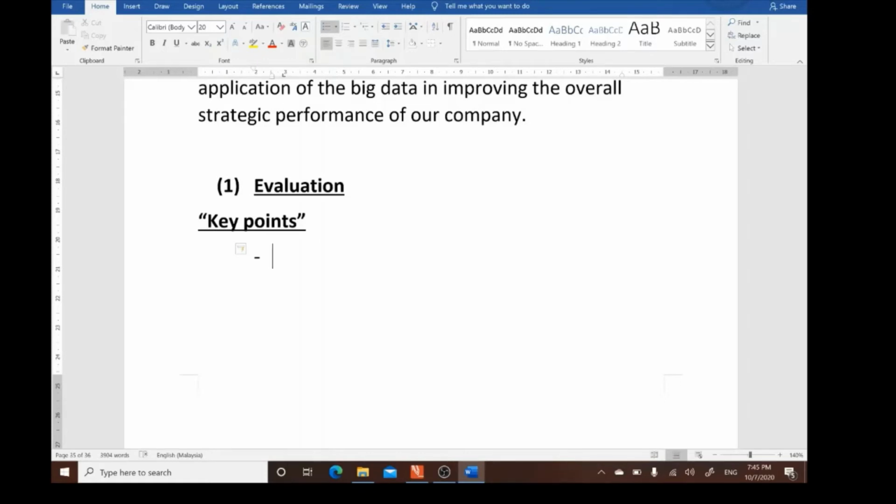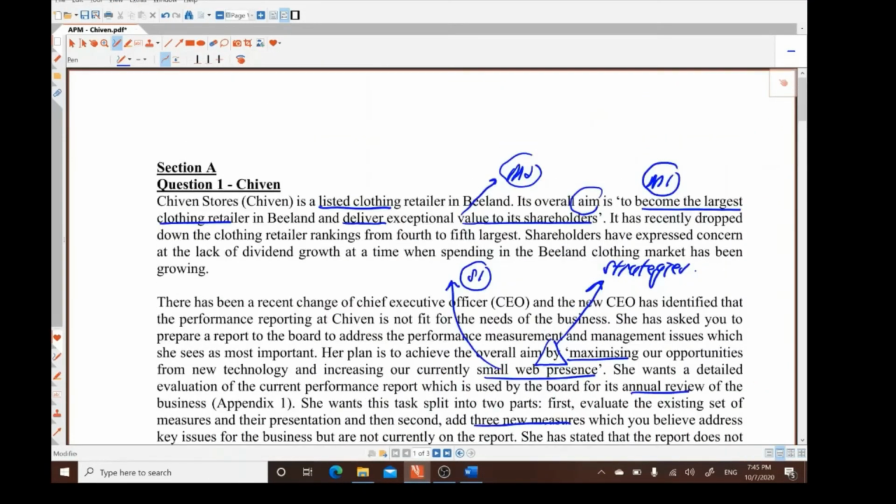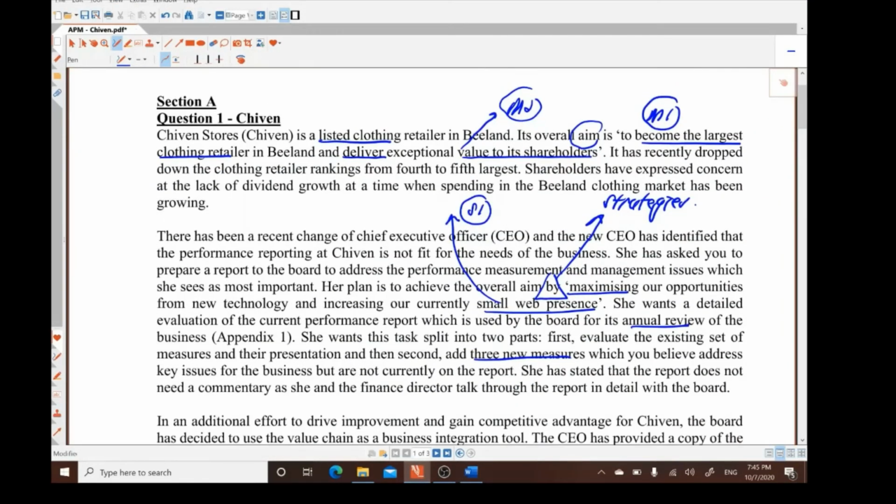Now, key point number 1 is the mission. We start off by identifying the mission in the question for our company, and subsequently we have to know whether there are any measures for it that appear in Appendix 1, the strategic report. Coming back to the question, they said the mission is to become the largest clothing retailer.